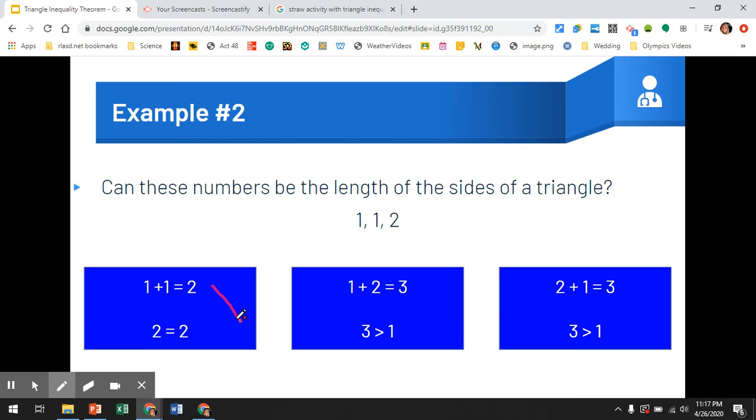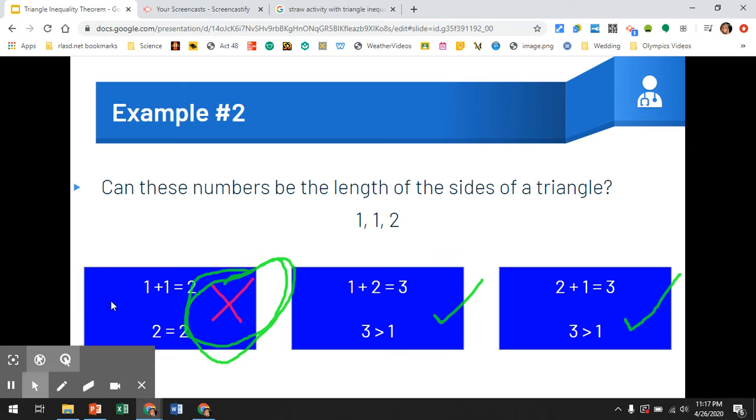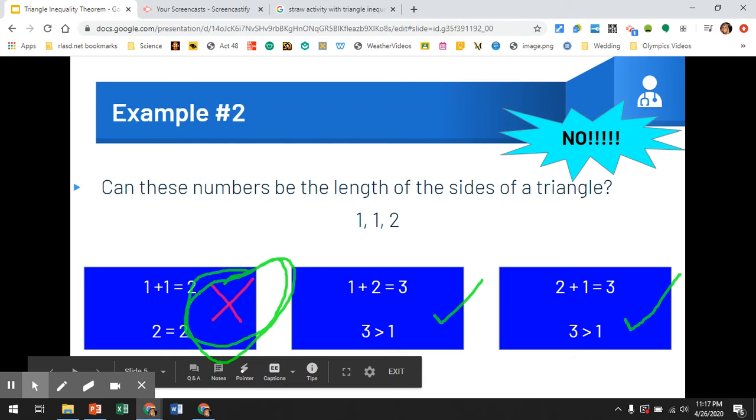This will not work because the side has to be greater, and because they're equal, it doesn't work out. The other examples do work, because 3 is greater than 1 and 3 is greater than 1. But because we had that 1 that didn't work out, guys, this will not form a triangle. So no triangle will form.